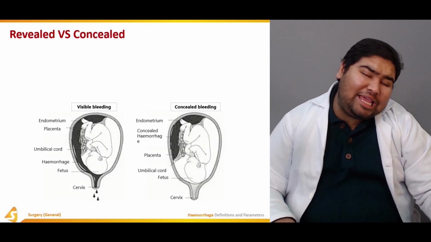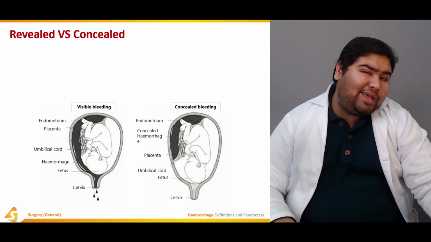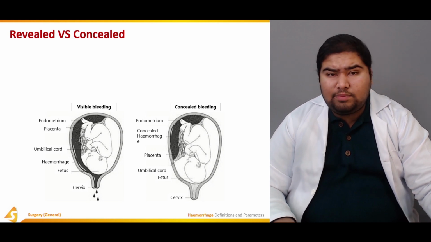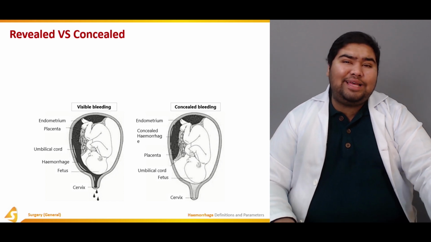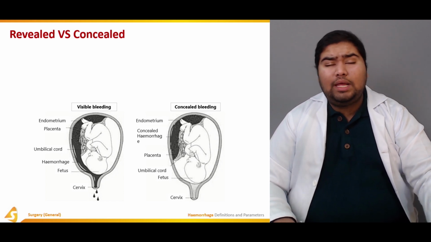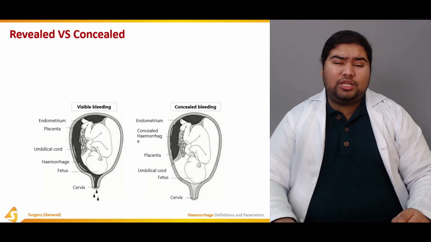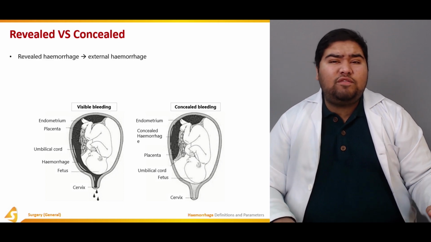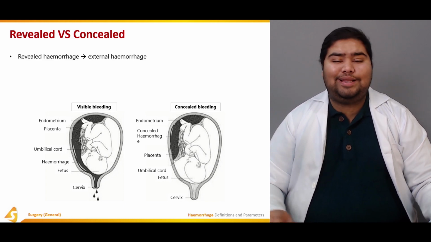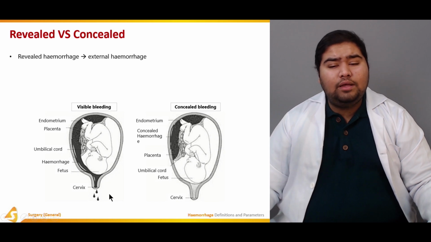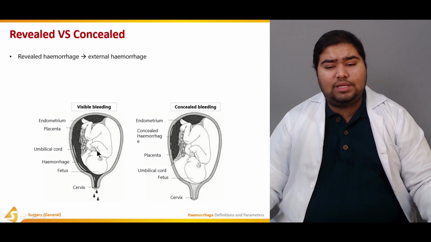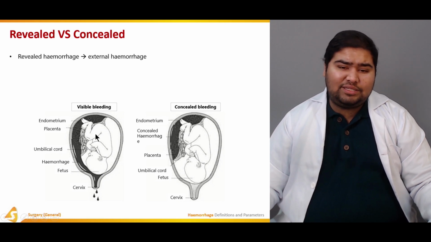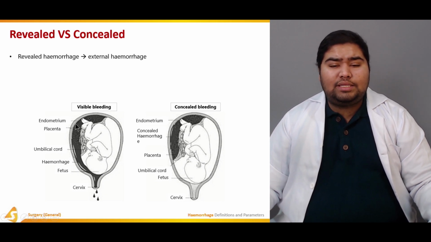As the name suggests, revealed hemorrhage might be visible, and concealed hemorrhage might not be visible. Let's see how the hemorrhage is revealed. Revealed hemorrhage is external hemorrhage. Referring to the figure, here you can see a uterus with a fetus growing in it, and this is the placenta.